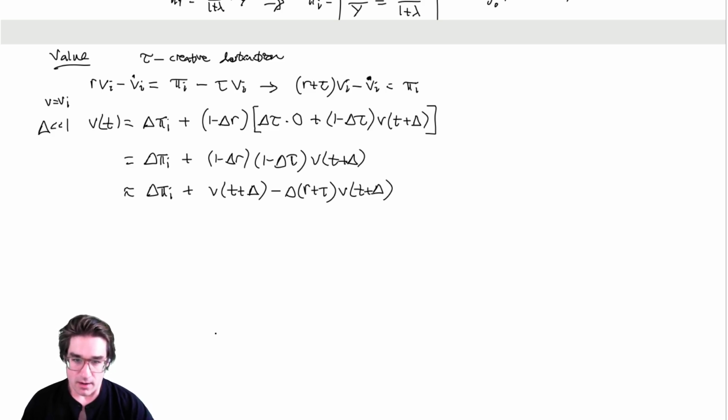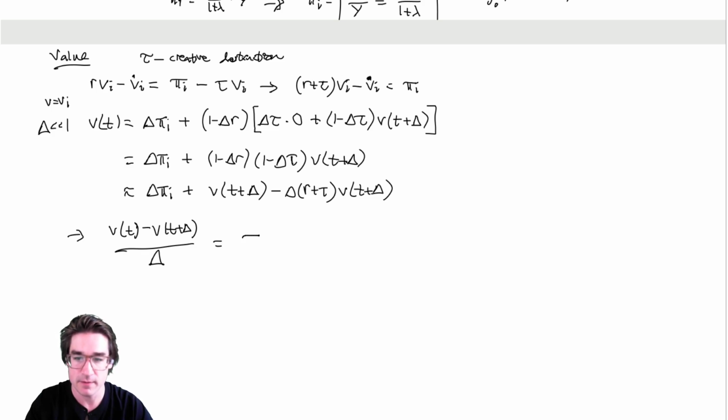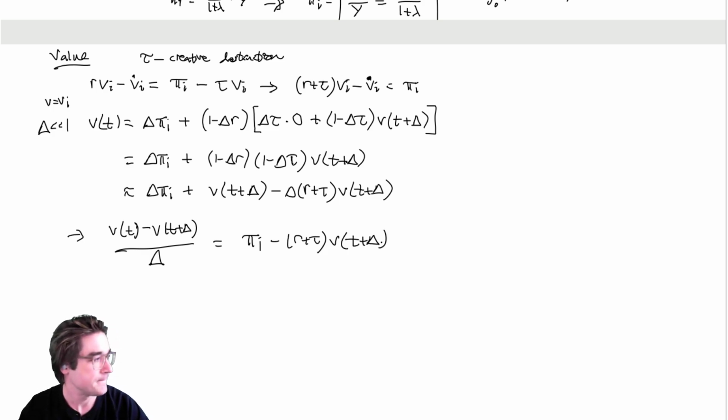And then from here, we're going to do the normal turning it into a derivative thing. So subtract that V of t plus delta, and divide by delta, then that's going to be equal to pi minus r plus tau times V of t plus delta. And then just take the limit as delta goes to 0.